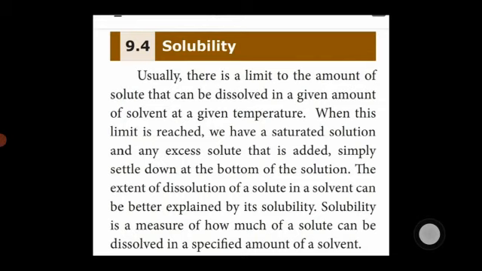The extent of dissolution of the solute in a solvent can be better explained by its solubility. Solubility is a measure of how much solute can be dissolved in a specified amount of a solvent.